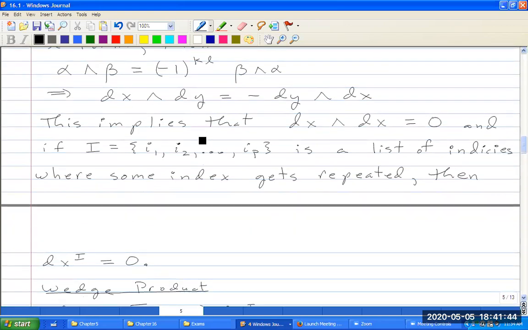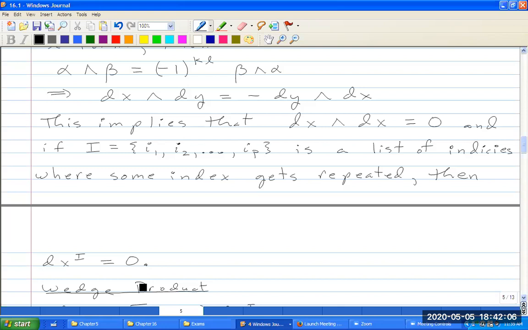So if I = (I1, I2, dot, dot, dot, Ip) is a list of indices where some index gets repeated, so maybe two of these are the same, then dx_I is just 0.